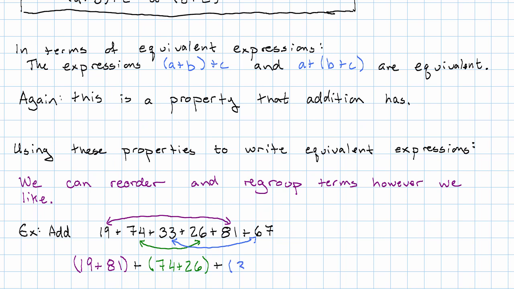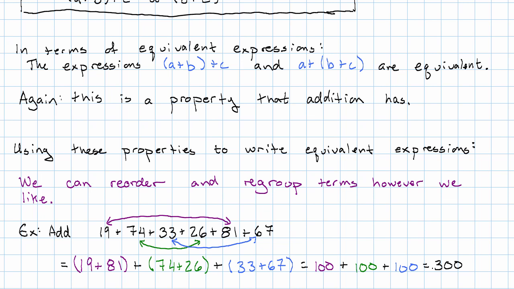So with that arrangement and grouping, I see that I have 100 plus 100 plus another 100, which adds up to 300.